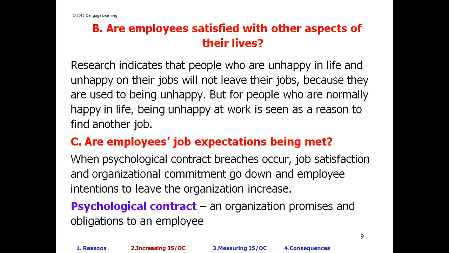A psychological contract is an organization's promise and obligation to an employee. Please remember these points. This could be asked in your multiple choice. What is a psychological contract? The multiple choices given could be anything, A, B, C or D: an organizational promise and obligation to an employee.